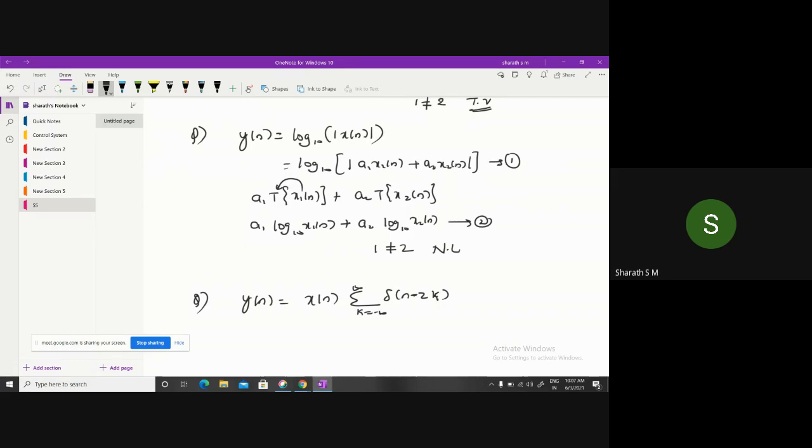Is it linear or non-linear? Non-linear. Check properly.